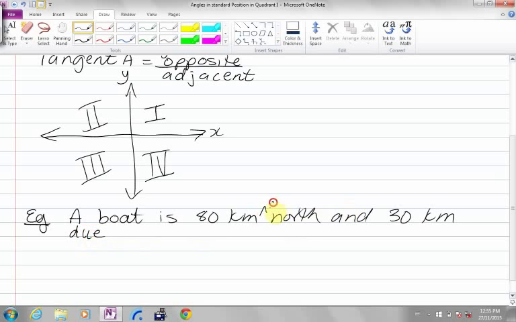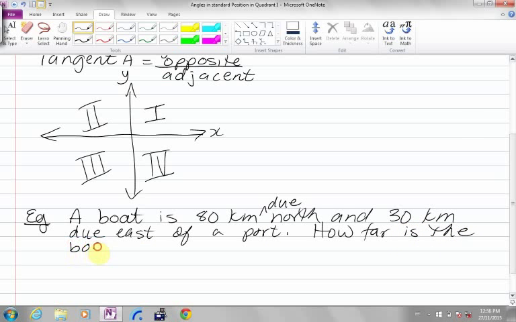Should have due north in there as well, I guess. Of a port. How far is the boat from the port?